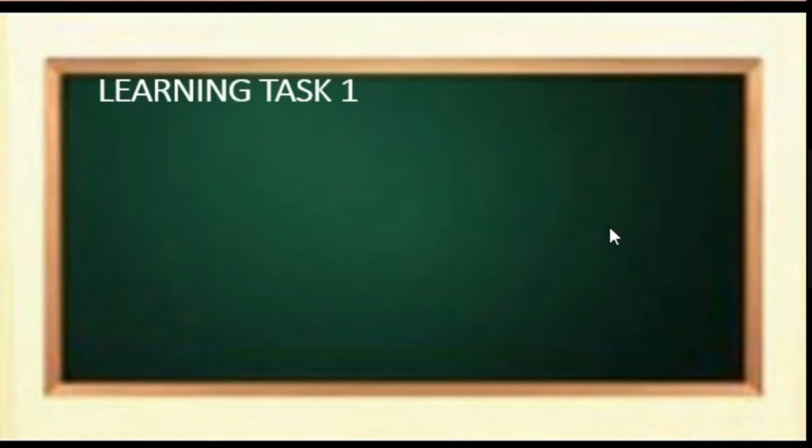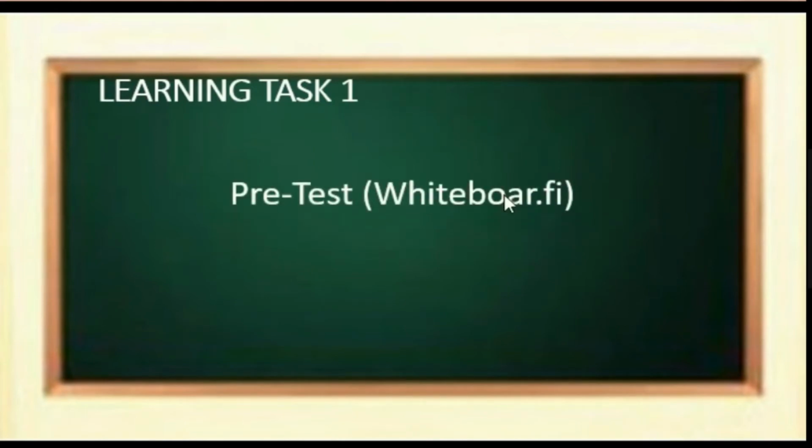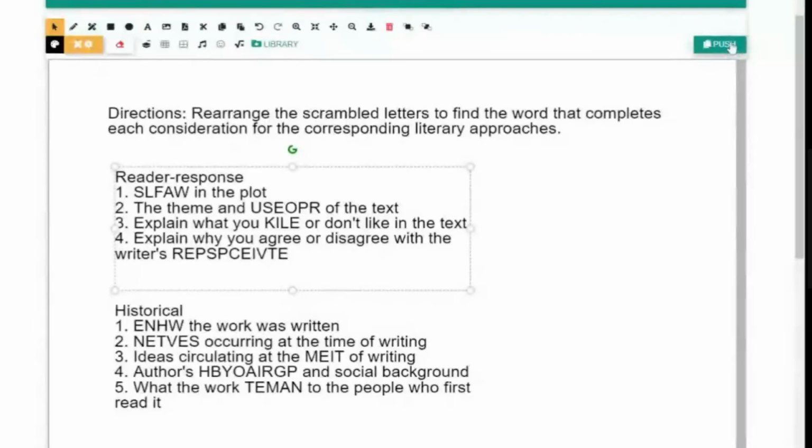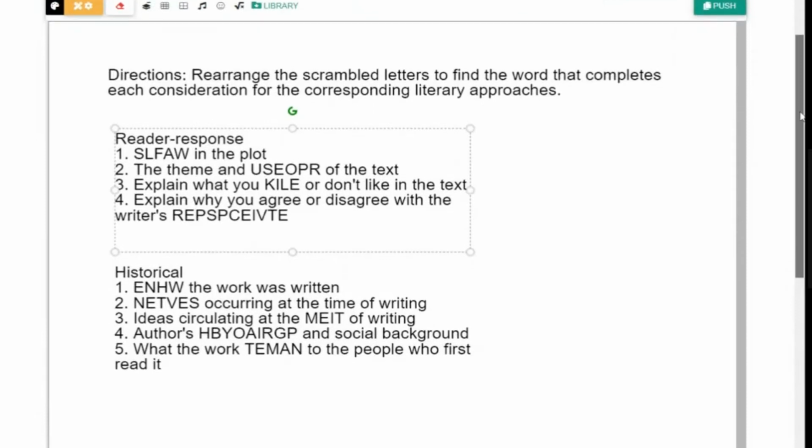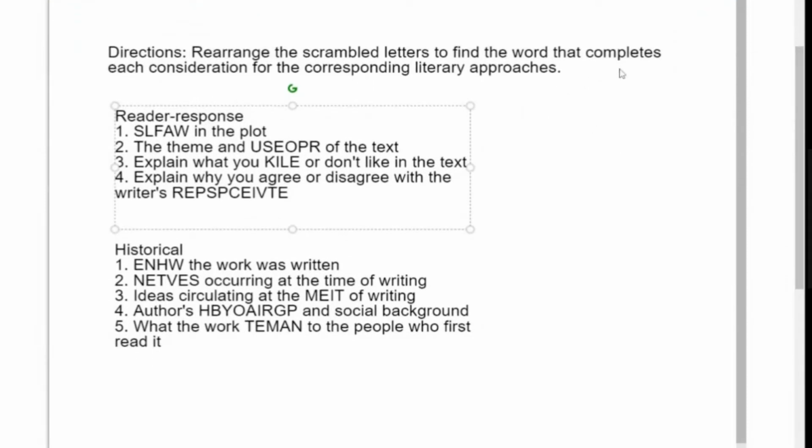Now, for our first task today, I am going to show you my whiteboard for a while. Okay, so this is my whiteboard. Now, the task is to rearrange the scrambled letters to find the word that completes each consideration for the corresponding literary approaches.